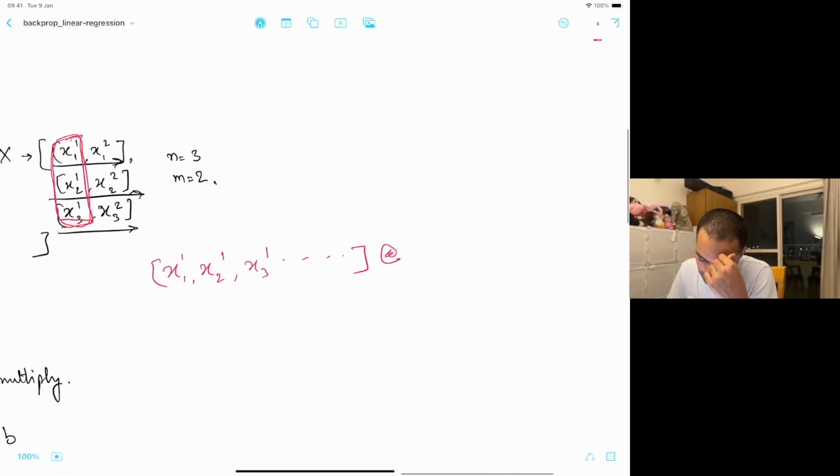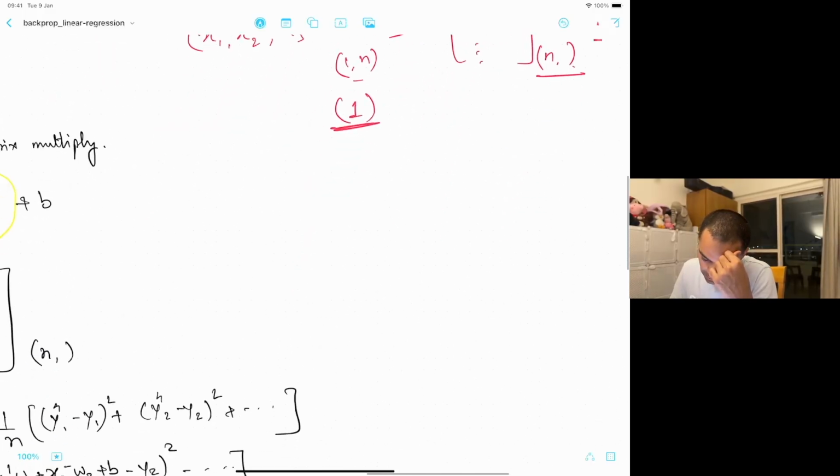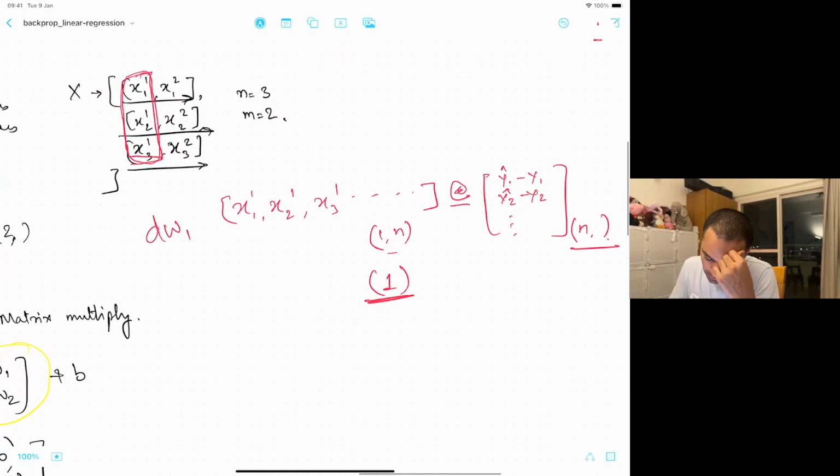If you matrix multiply this with the errors, which is nothing but y hat 1 minus y1, y hat 2 minus y2, and so on. So this is 1 by n, this is an n length vector. If you matrix multiply these, basically a dot product, the output will be one number, so therefore this will be dw1.